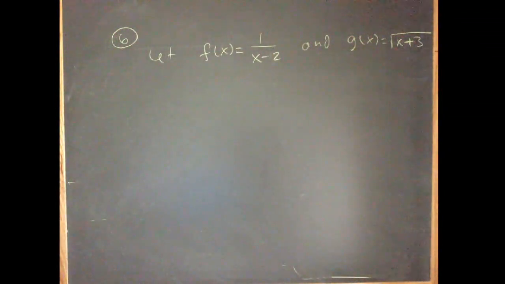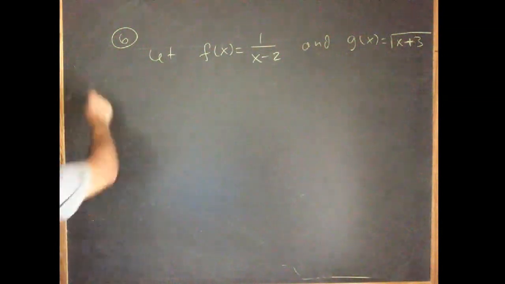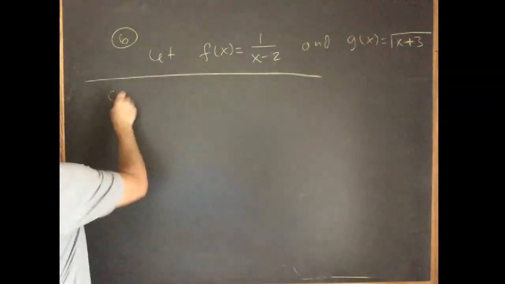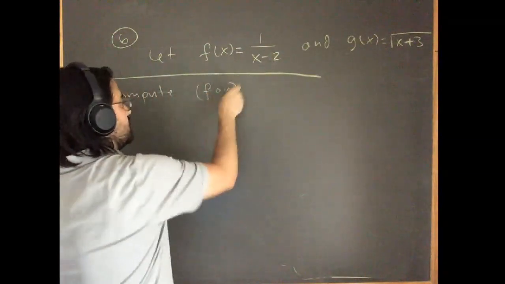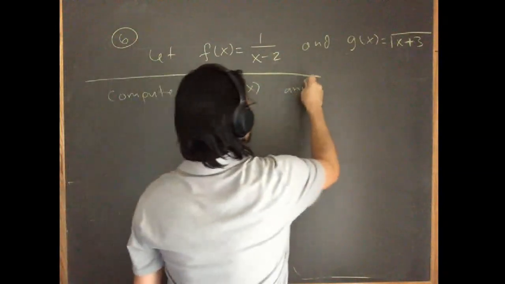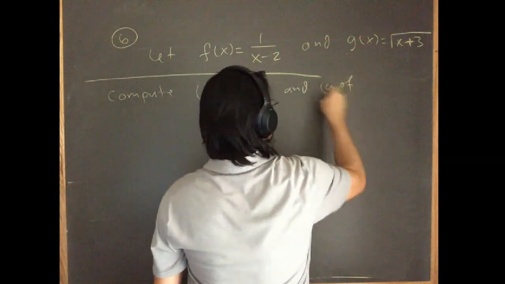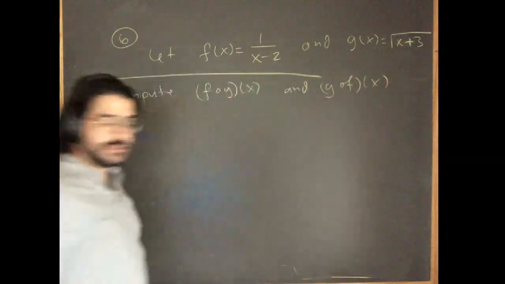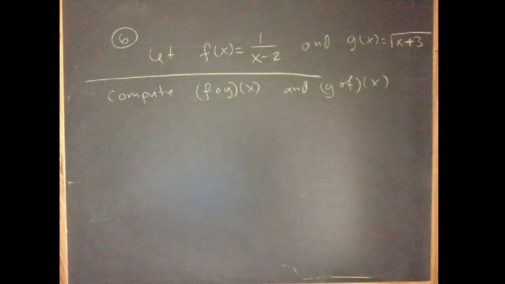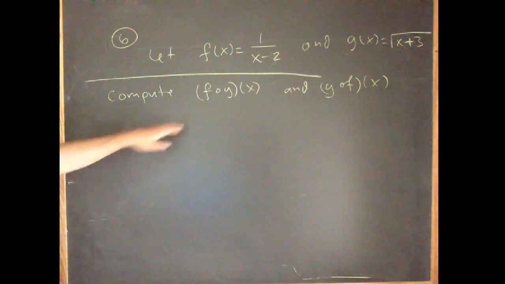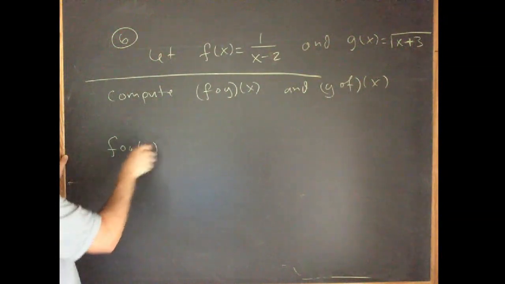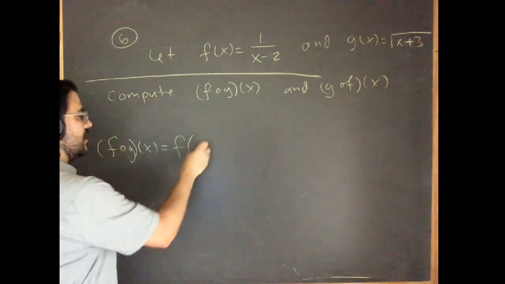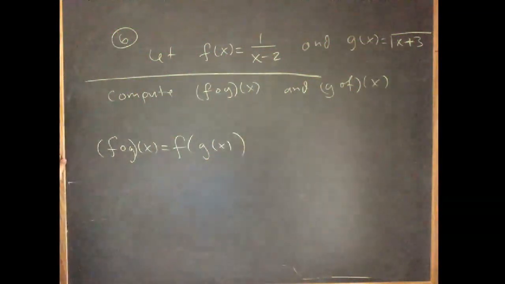Okay? And here we'll do the same computation. So let's find a formula for f composed with g at x and g composed with f at x. And then we'll talk a bit about the domain of f composed with g. Okay? So here, f composed with g just means plug the g of x into the input of f of x, right?